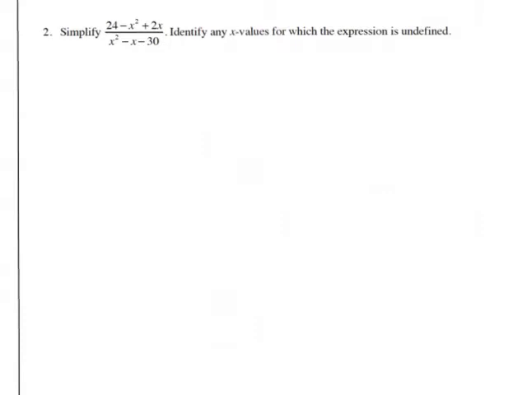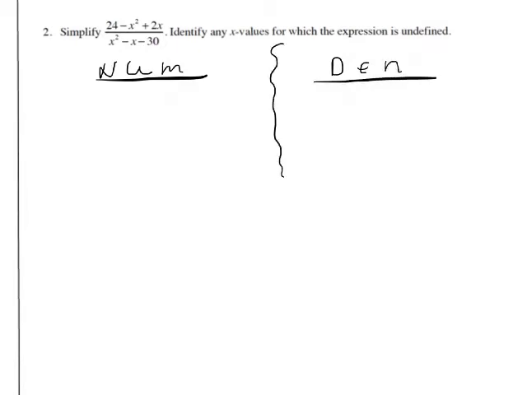Now that you've had a second or two to work through this question, let's work it out. I have my numerator here, my denominator here, and a little squiggly down the middle. Now let's write this in descending order: negative x squared plus 2x plus 24.